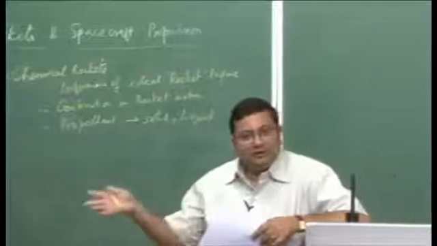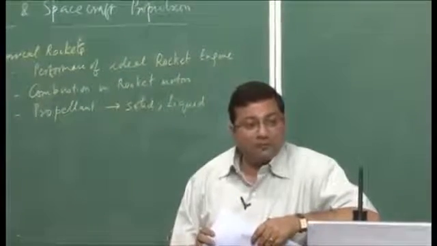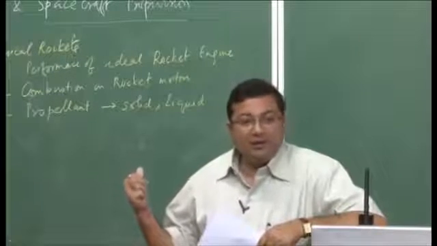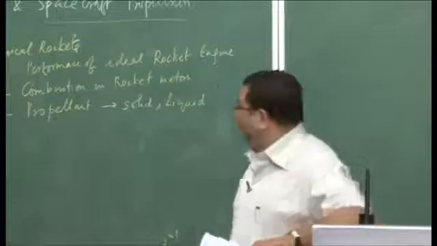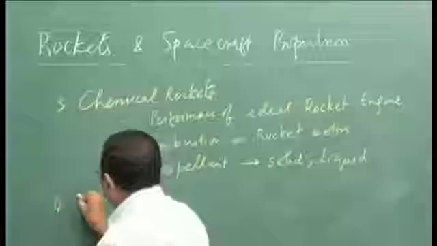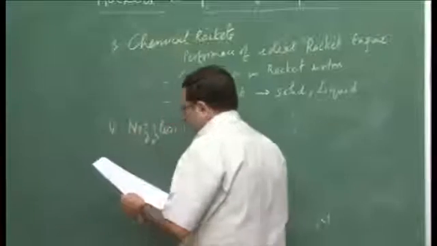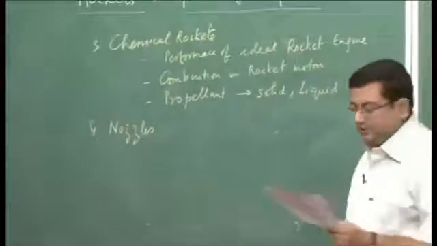As we go along, we will see different components. So, one of the major components of a rocket is a nozzle. The high pressure, high temperature gases need to be expanded through a nozzle to produce the final thrust. Therefore, we will talk about nozzles as well, okay, which is a very important topic as far as rocket propulsion is concerned.